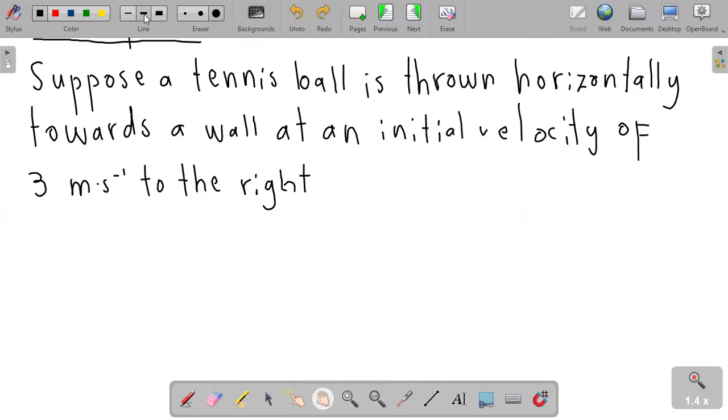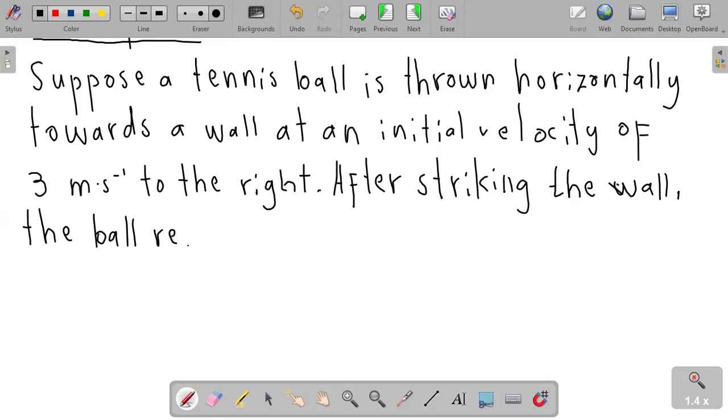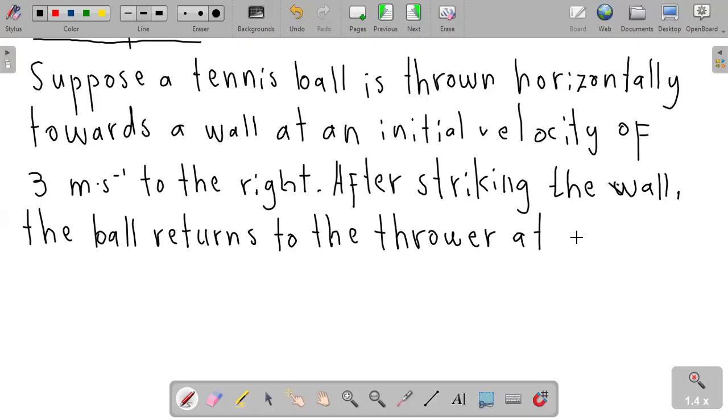So to the right, and then after that, what happens? They say after striking the wall, the ball returns to the thrower at 2 meters per second.